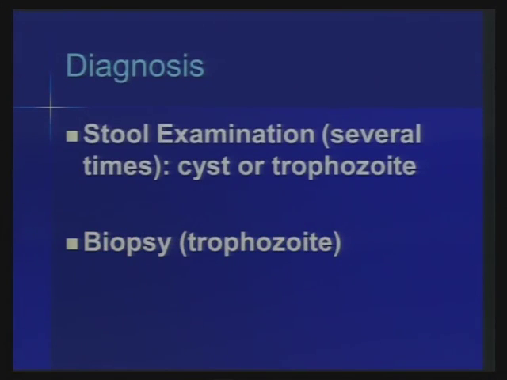They have cyst and trophozoite. So, how about the patient who has symptoms? We're going to see trophozoite or cyst in stool exam? She said both. How about you? Cyst or trophozoite?